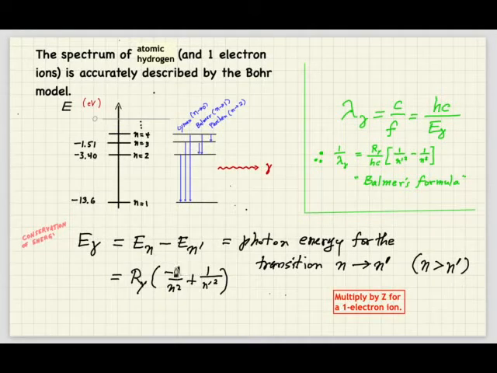I'd have here minus 1 over 4 plus 1 over 1. So this is 3/4 times a Rydberg. So this photon, for a transition where the atom goes from the n equals 2 energy level to the n equals 1 energy level, would have energy 3/4 times a Rydberg.